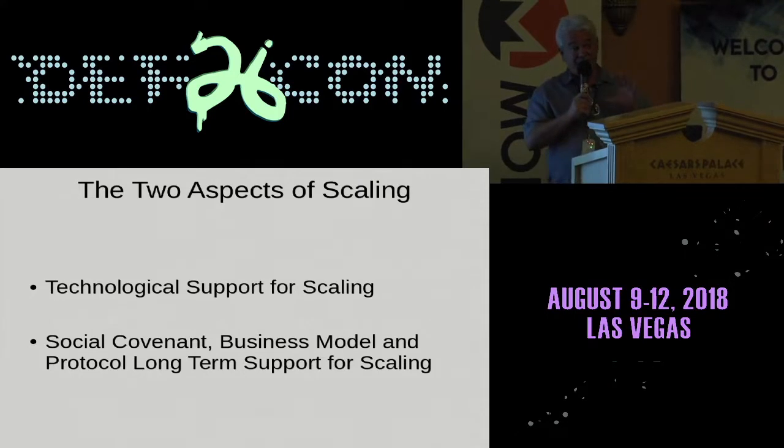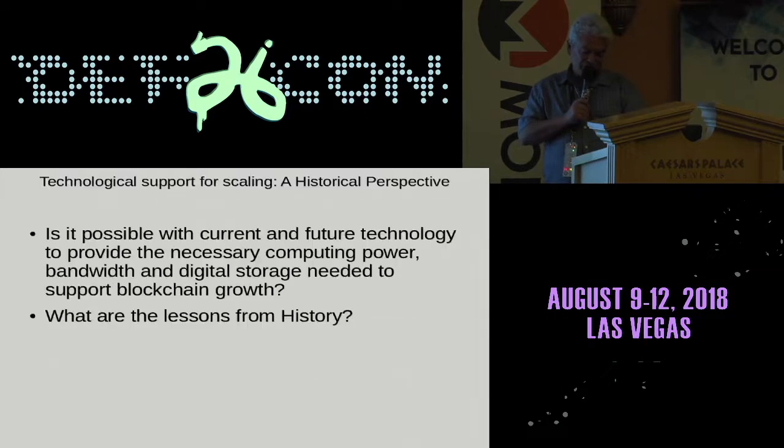So what is a social covenant, business model, and protocol long-term support for scaling? That is fundamentally different from the first question, can we transmit the blockchain through the internet, for example, with current technology? So the first question one asks is, is it possible with our current and future technology to provide the necessary computing power, bandwidth, and digital storage needed to support blockchain growth?